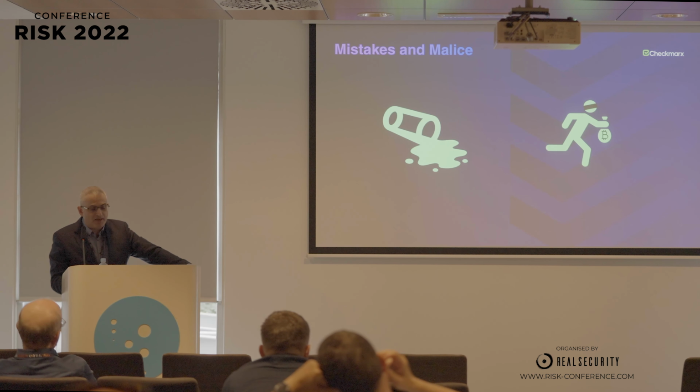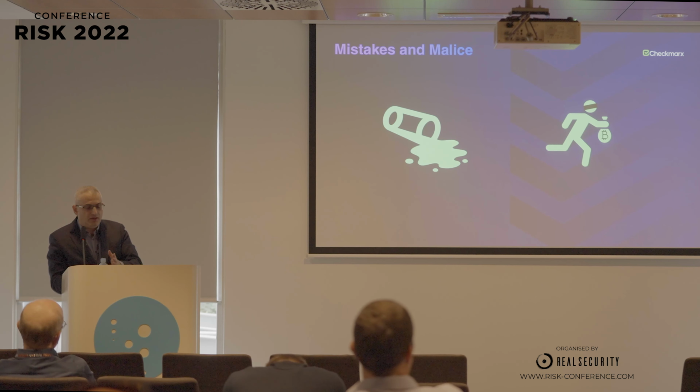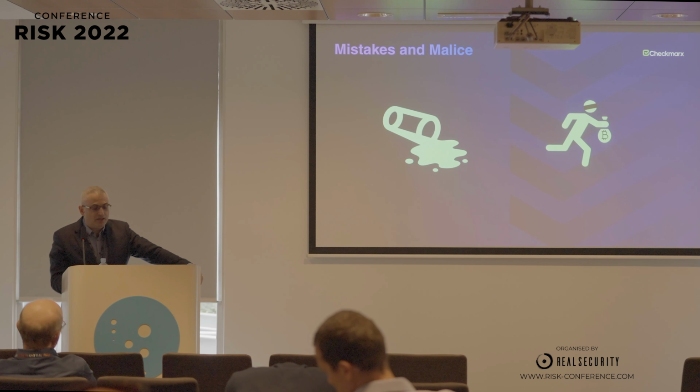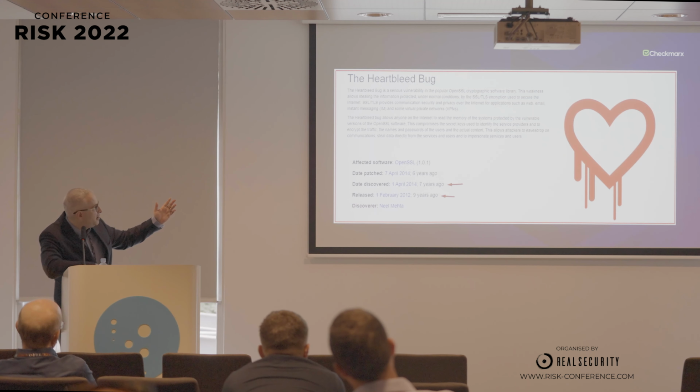So this is malicious code, but in parallel, or on top of malicious code that can come from an attacker, we can have mistakes in the code that we prepared. A very good example is the Heartbleed bug that existed for about 2 years.